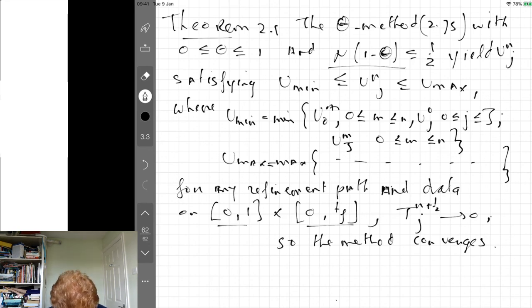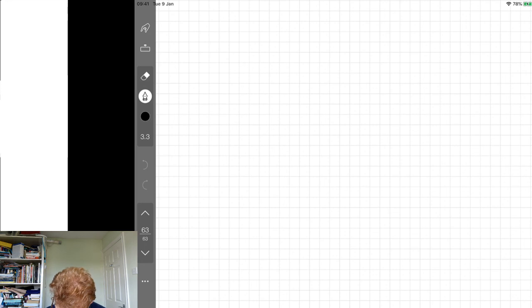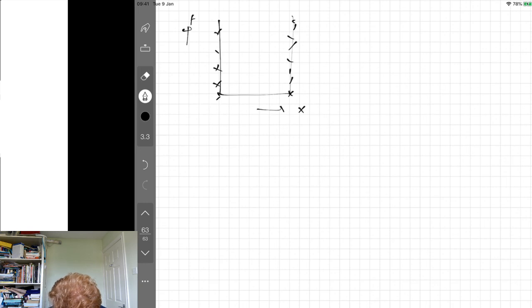So let's now make two sketches. This is t, this is x. So the boundary data are there. The boundary condition is the initial condition here.